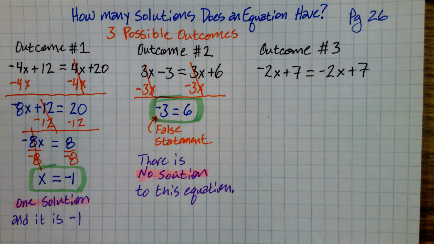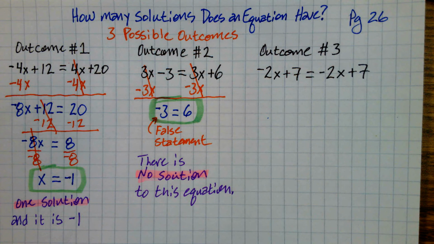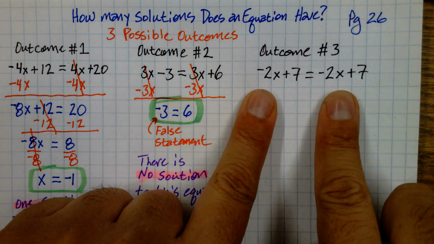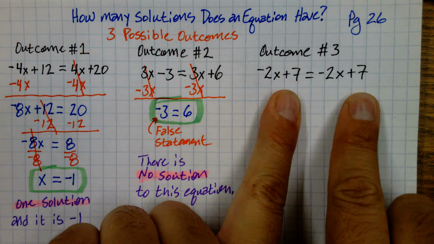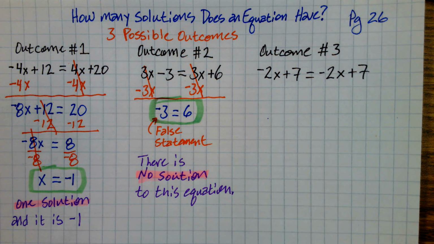Okay, write that down. What do we notice in this equation? Juliana? Both sides are identical. Not only were the coefficients identical, but the constants are too. Okay, and that's going to give us something different.